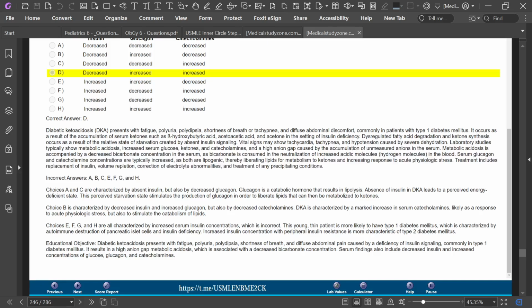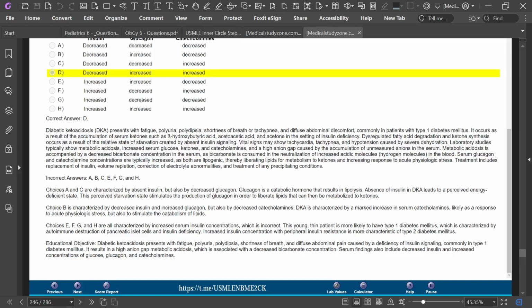In this question, there is 1000, isn't it? Wait, let me see. I thought it was, no, it's 800. I was seeing the urine glucose. Yeah, it's 800, the last portion.